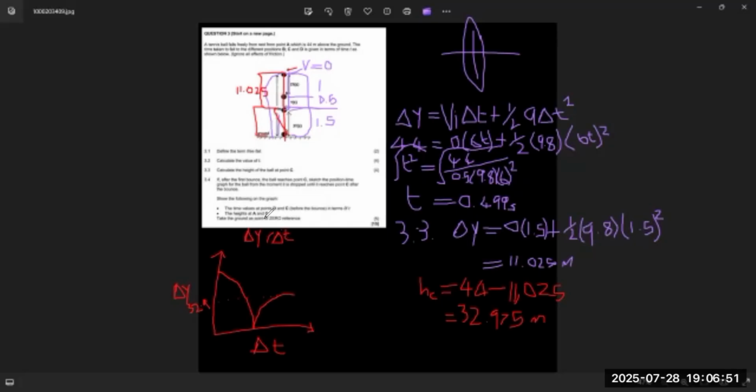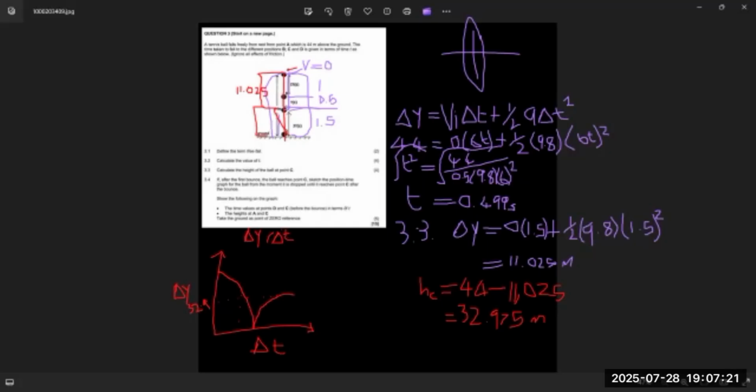The time values at point D and C before the bounce. So let's say this would be our C. At point C, what's our time in t? From A to B, it's 2t. From B to C, it's t. So at C, we add 2t plus t because it's the time taken to travel from A to C. So this will be our 3t.